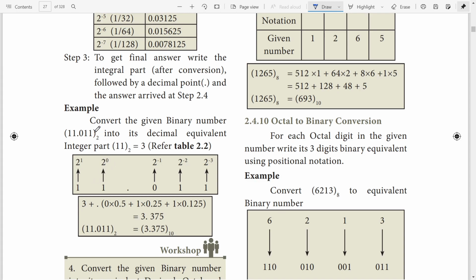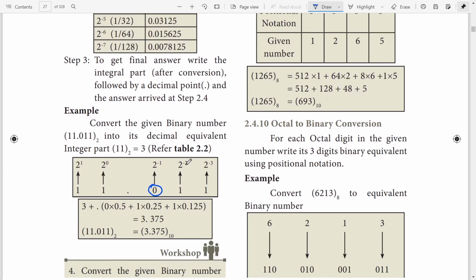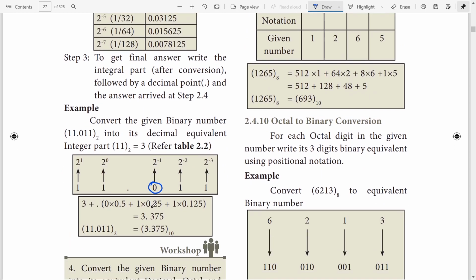3. In the decimal part, you are going to convert it as 2 power minus 1, 2 power minus 2, 2 power minus 3. Value of 2 power minus 1 is 0.5, which you are going to multiply by 0. 2 power minus 2 is 0.25, which you are going to multiply by 1.